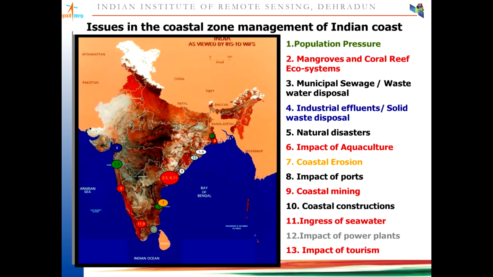So there is definitely an impact of the port, as well as other environmental impacts from the pollution point of view. Coastal mining is another major issue nowadays. In the newspaper you might have seen that coastal mining, sand mining and other things are issues. Sand mining also aggravates coastal erosion. Then there are coastal constructions, and the ingress of seawater: various places in the coastal zone are affected by saltwater intrusion.